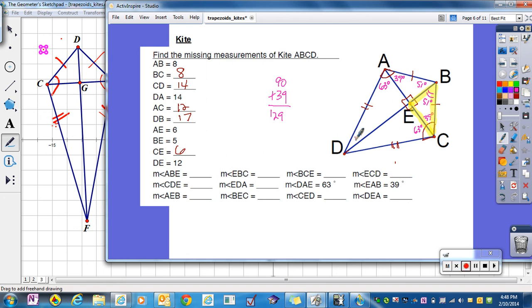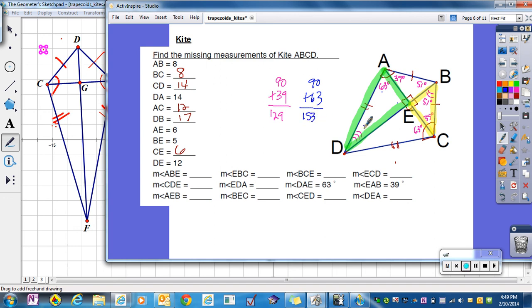Alright, the only thing I have left to figure out now is this guy. Well, again, I have a right triangle because the diagonals were perpendicular to each other. Alright, and what we've got here is we've got 63 degrees, we've got 90 degrees, so that means I have to do 90 plus 63, and when I do 90 plus 63, that's going to give me 153.